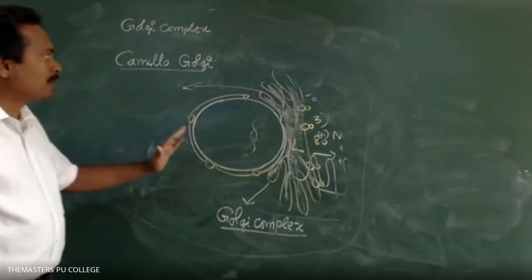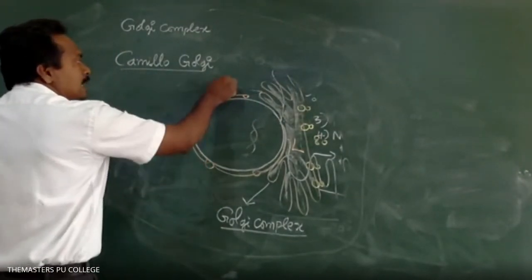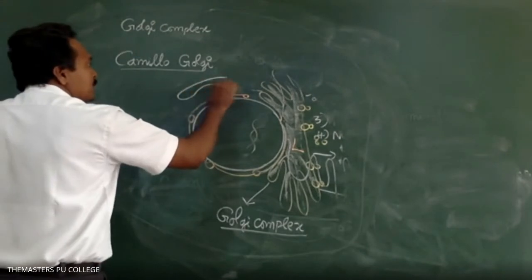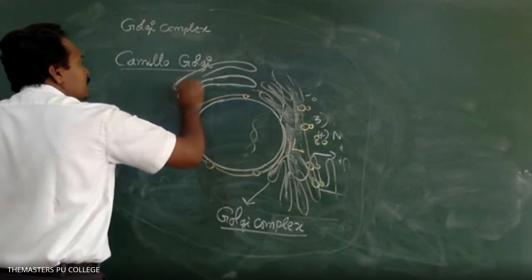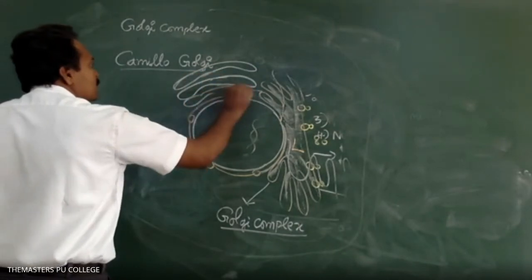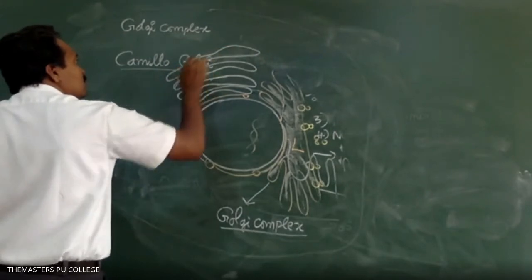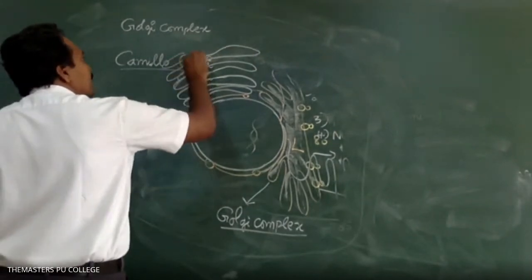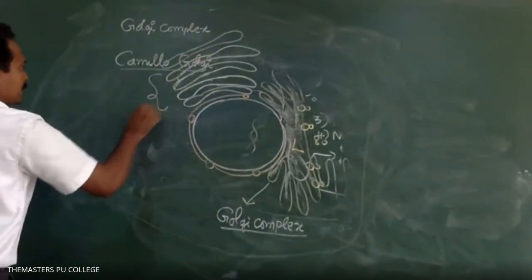The Golgi complex consists of several flattened sac-like structures. These flattened sac-like structures are called cisternae.